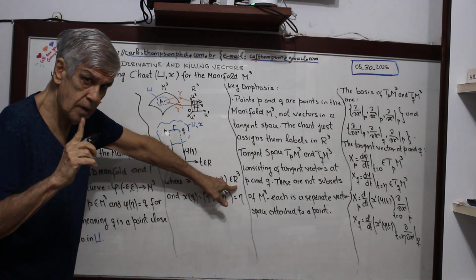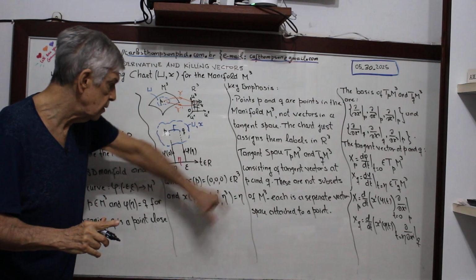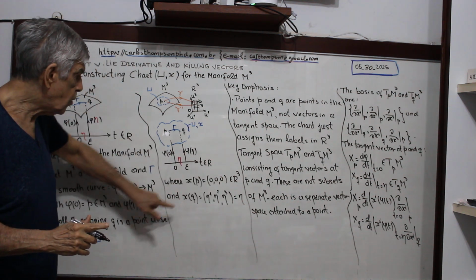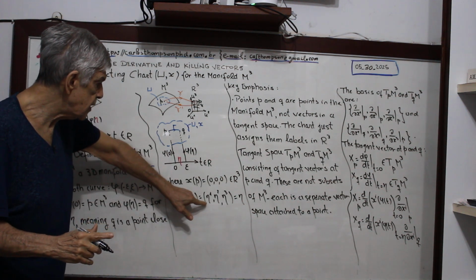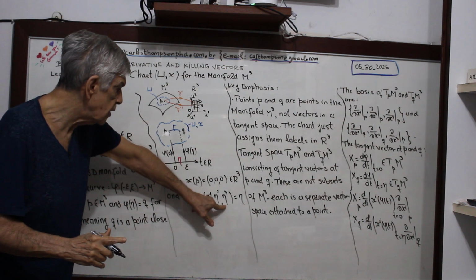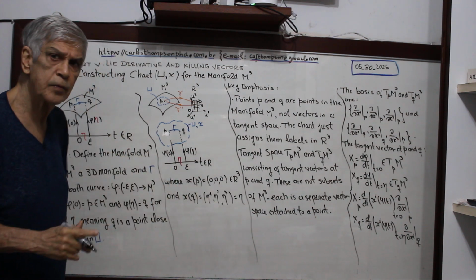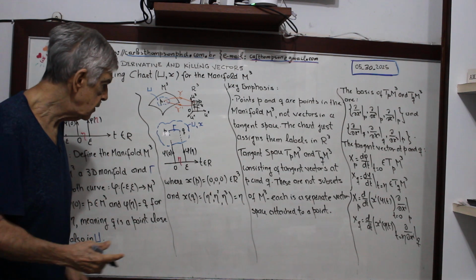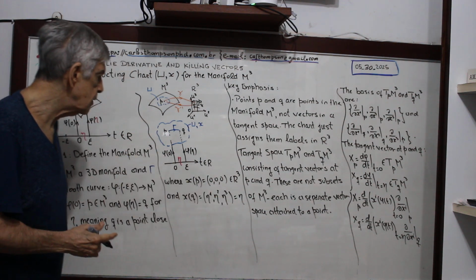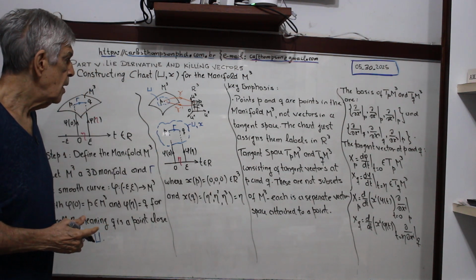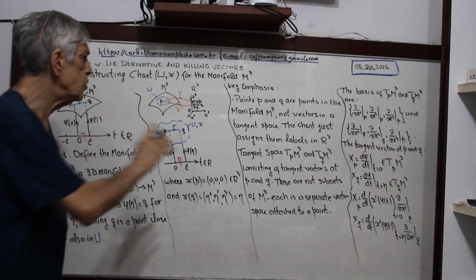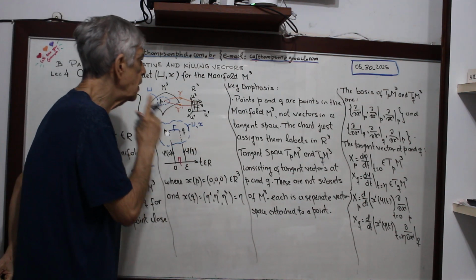They belong, attention now, to the Euclidean space. Likewise, X of Q is eta 1, eta 2, and eta 3, which, to simplify the notation, I call eta.